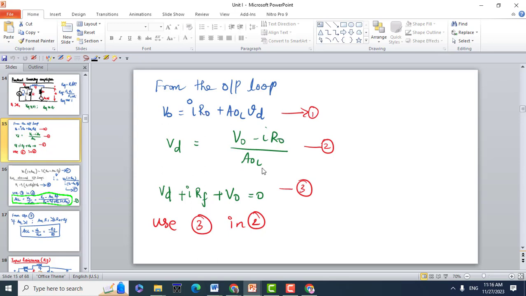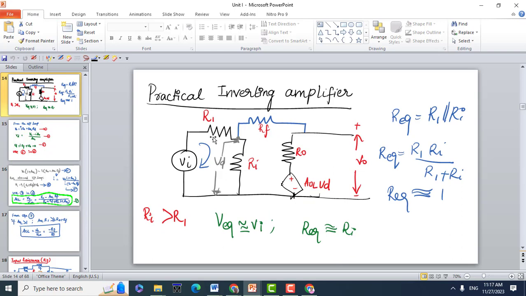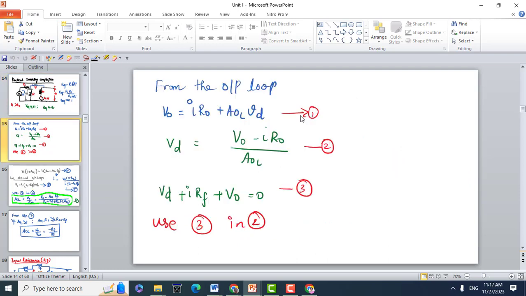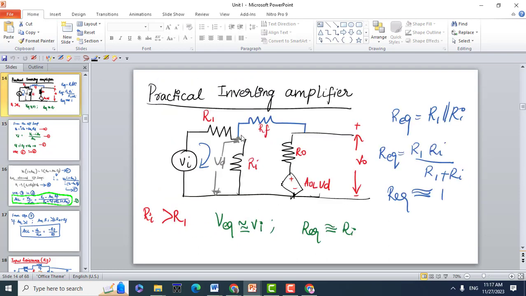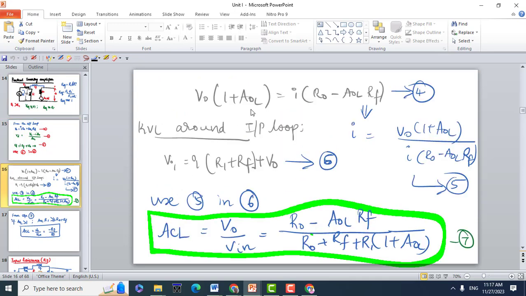And again, I can write Vd plus IRF plus V0 from the input side. This is Vd, this is IRF, and this is V0, the voltage involved across the resistance RF. Using these, you get V0 into 1 plus AOL equal to I into R0 minus AOL into RF.